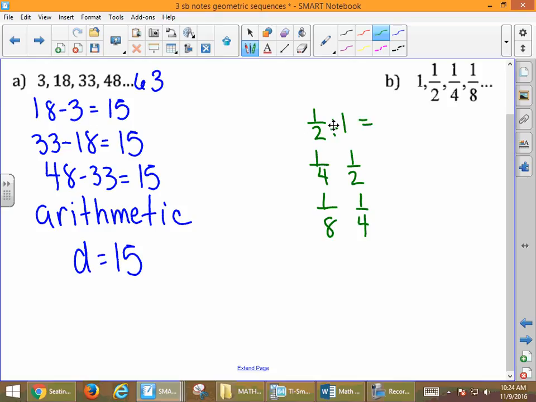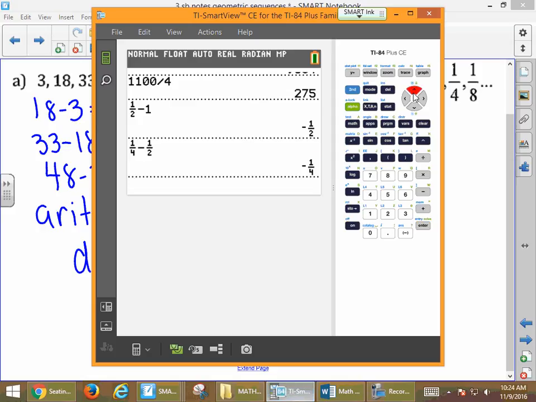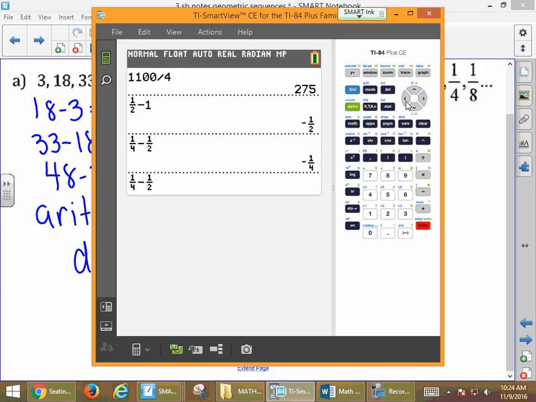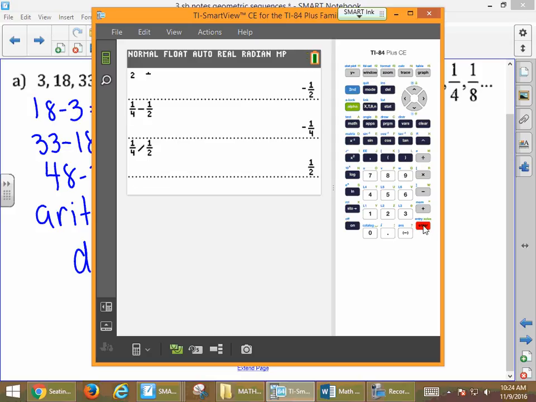And 1/2 divided by 1 is still 1/2. So let's try our 1/4 divided by 1/2 and see what we get. Then we can go back here and put in a division bar. Does 1/4 divided by 1/2 equal 1/2?